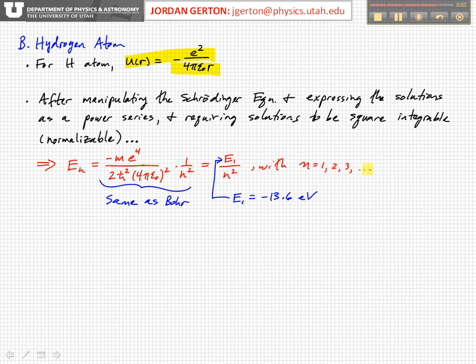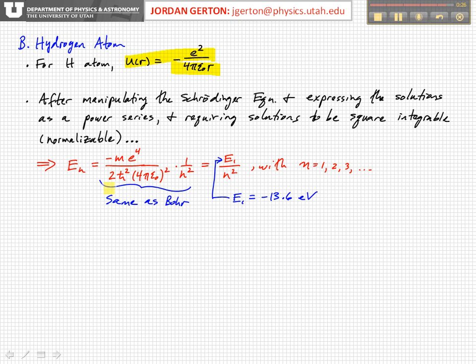We see that the energies are negative, meaning that these are the bound states. There are essentially an infinite number of bound states, because the potential energy is only 0 at infinity.